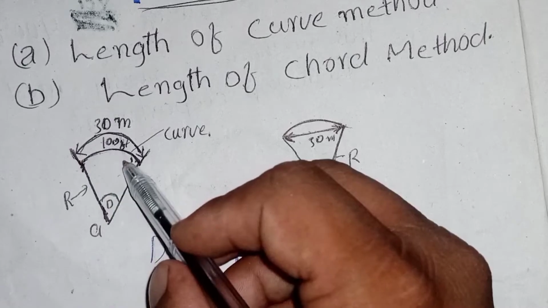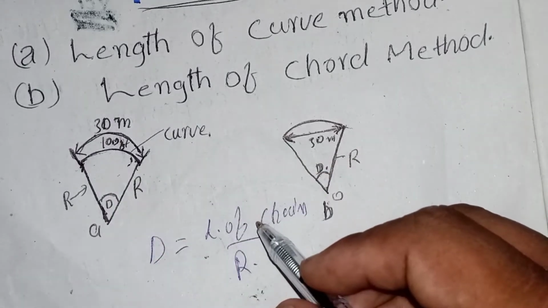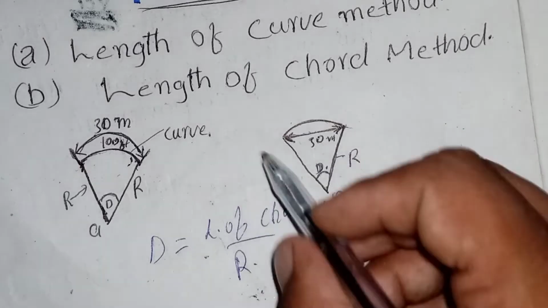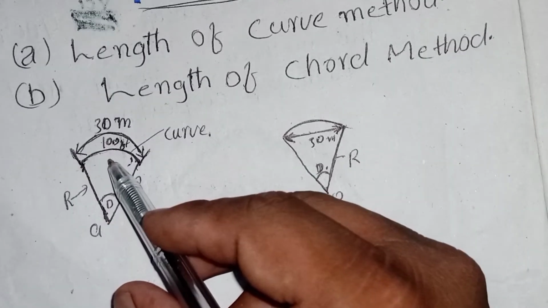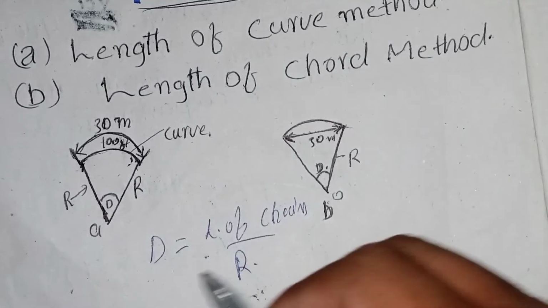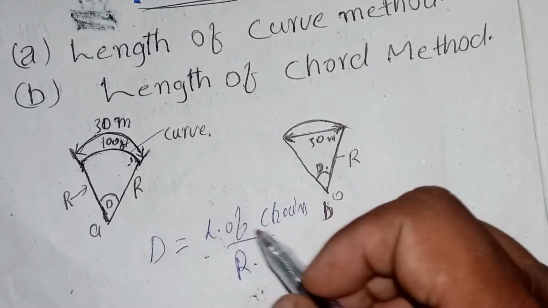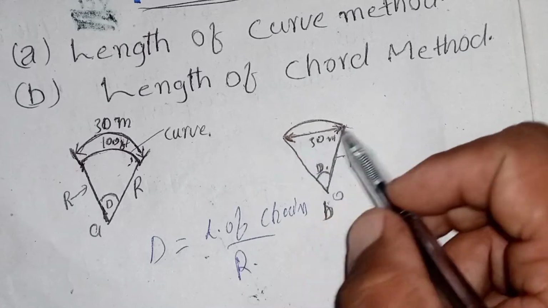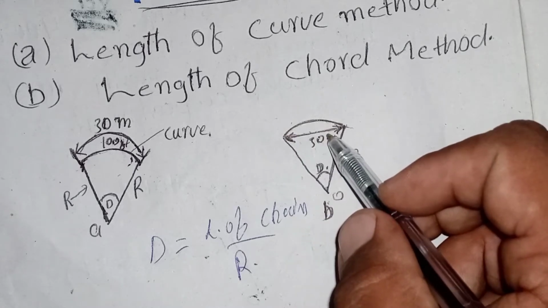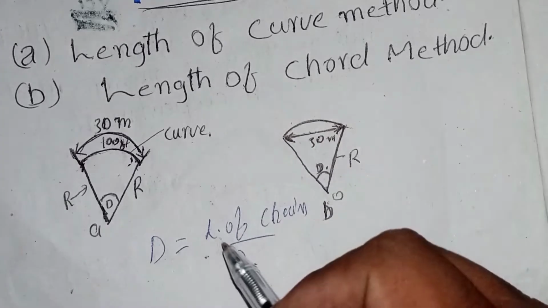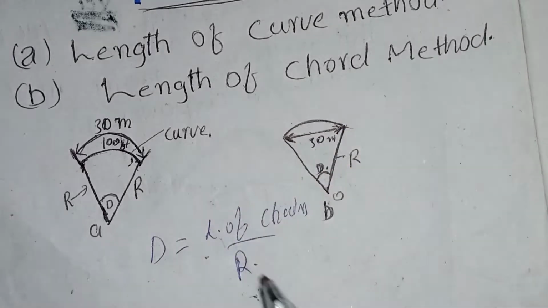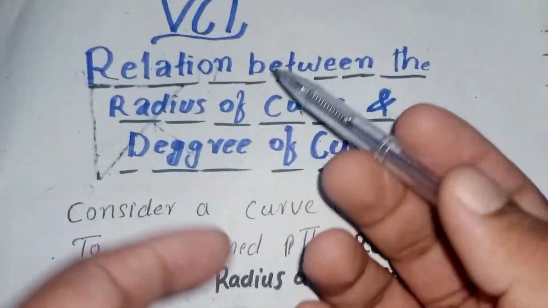This length of chain can be the length of a curve, and it can also be a chord. If the length of a curve is taken, that method will be called length of curve method. And if the chord of this curve is taken into consideration, then that method will be called length of chord method.